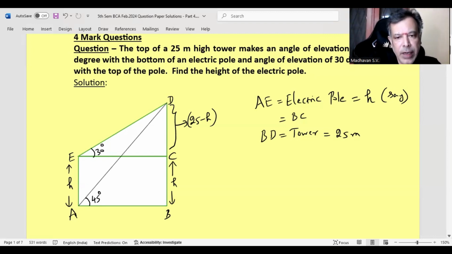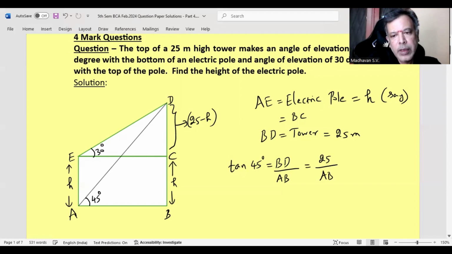If I consider tan 45 degrees, it is opposite by adjacent, which is BD divided by AB. BD is known to be 25. AB we don't know. Tan 45 is 1, so by cross multiplying, AB will be 25 meter.